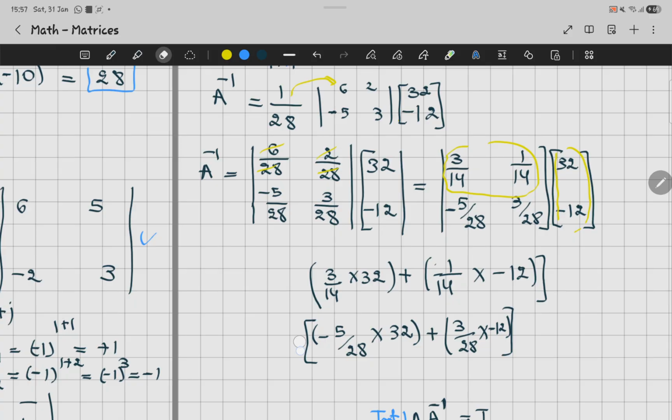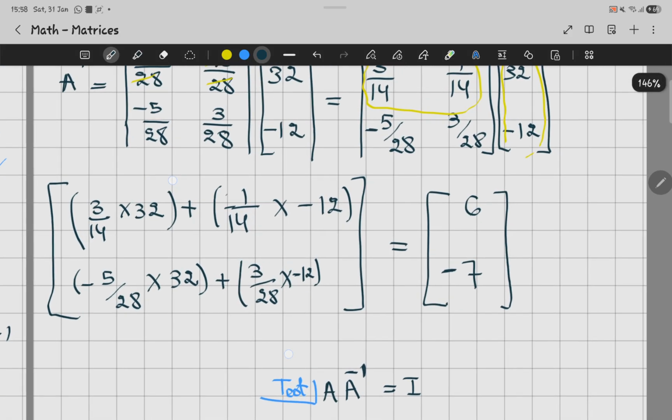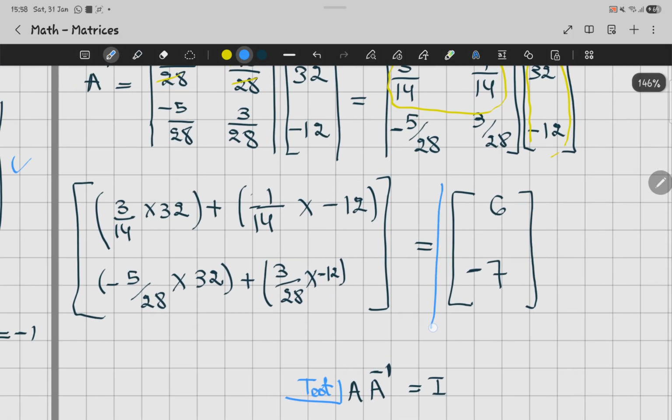Let me just remove this block here. And the answer to this will be 6, negative 7. So this is the answer that we're going to get.